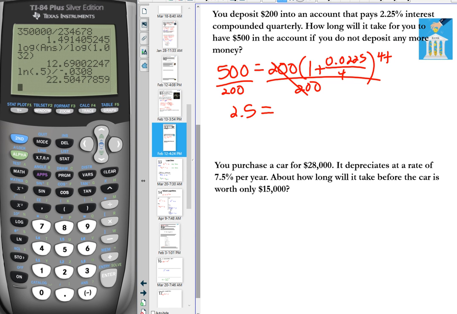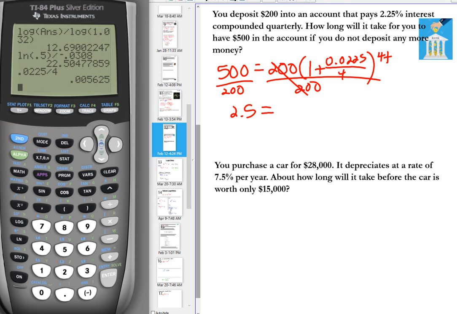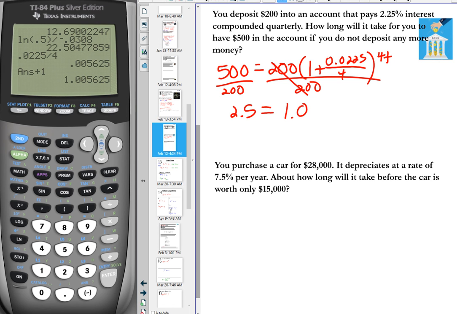And then this, let's see, 0.0225 divided by 4. So it looks like that base is the entire screen: 1.005625.